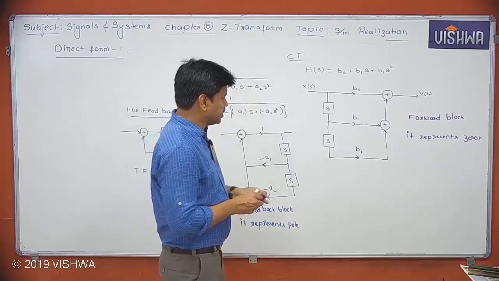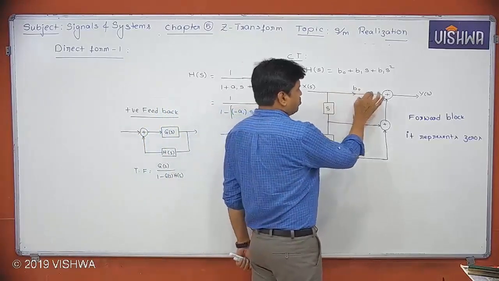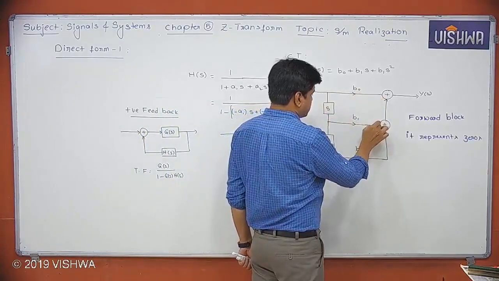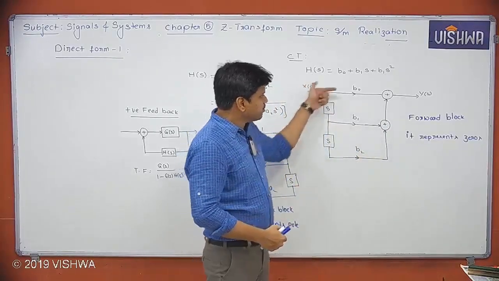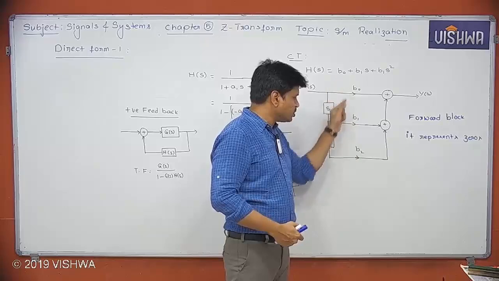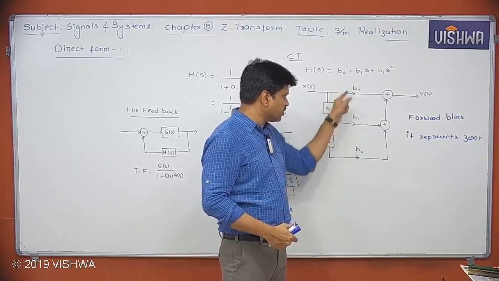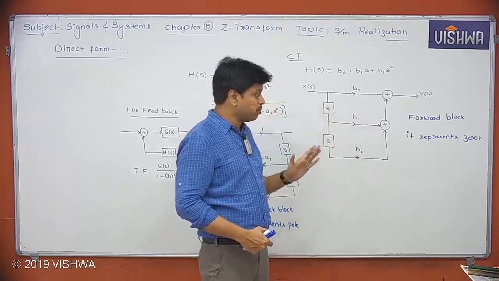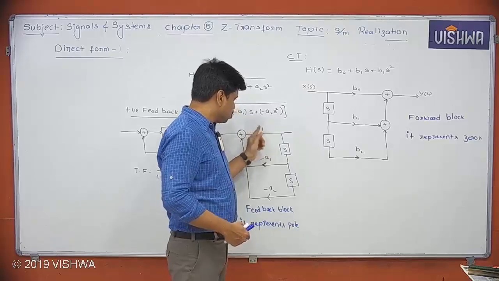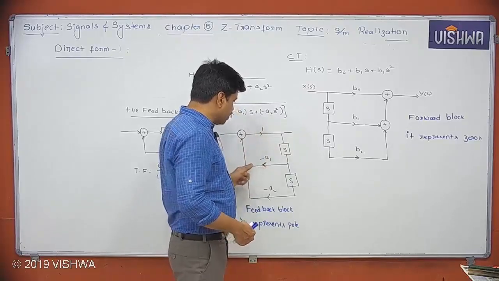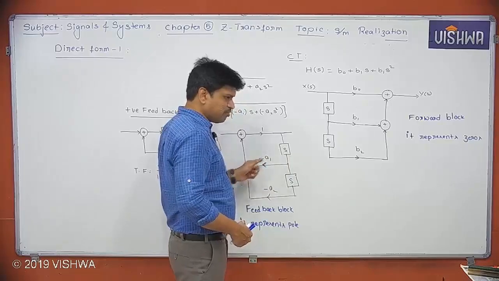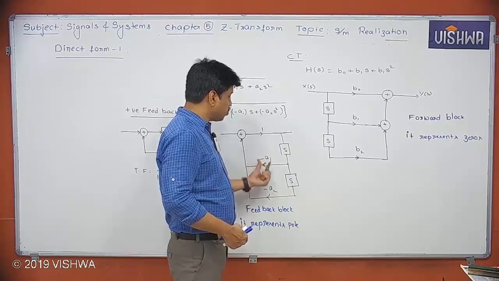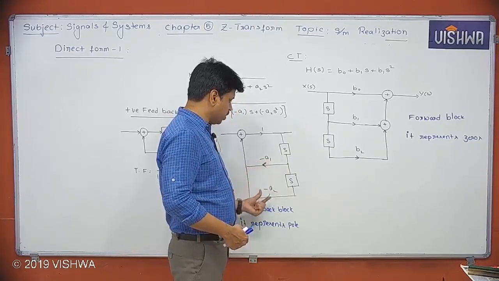How can we write it? Let's say first, b0 plus b1 s plus b2 s square, that's what it is. Because it is a forward path, we don't have to change the sign. Whatever sign we have, that sign we take. Whereas in the feedback path, or the backward path, we have to change the sign.